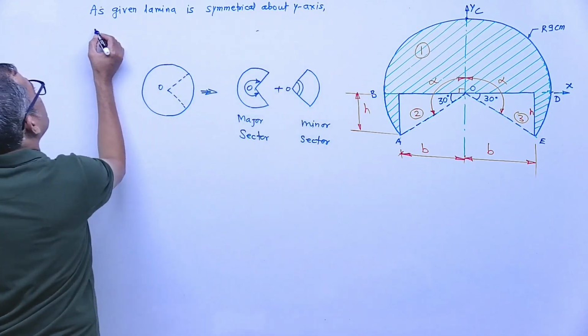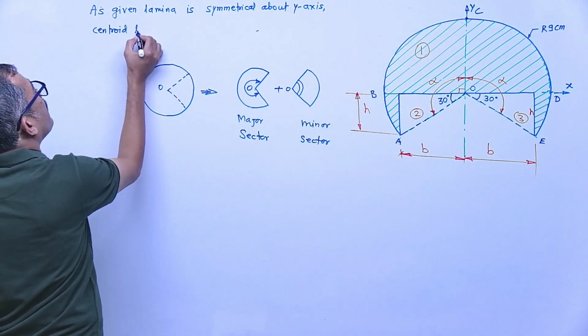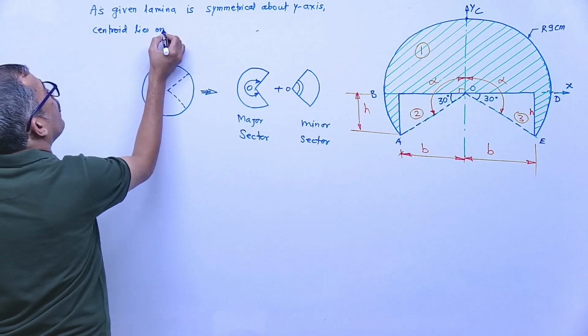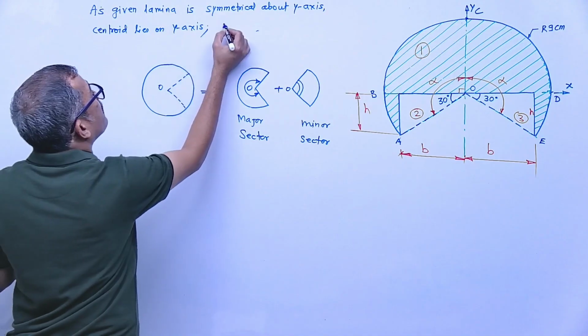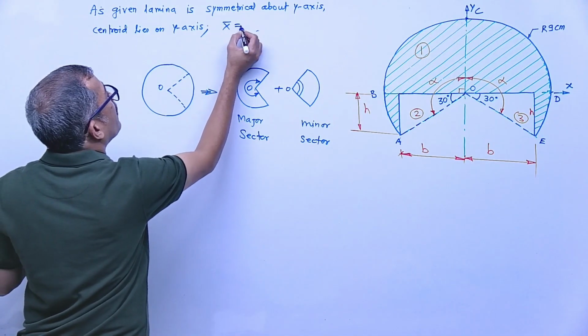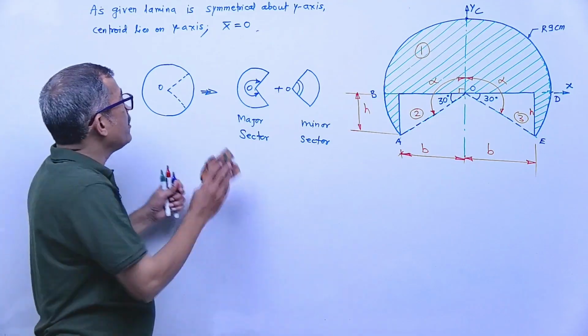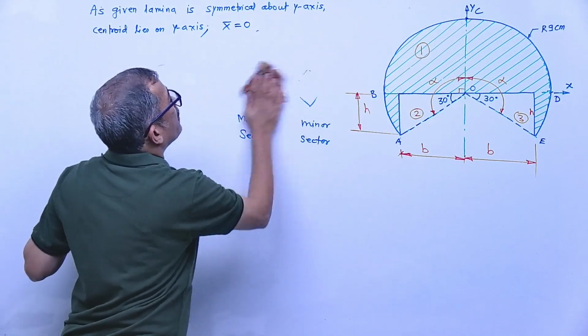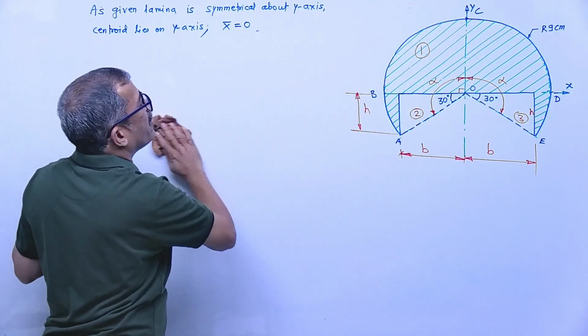Centroid lies on the y axis means x bar becomes 0. It is simple, you have to find out only y bar, that is, summation of a y divided by summation of area.